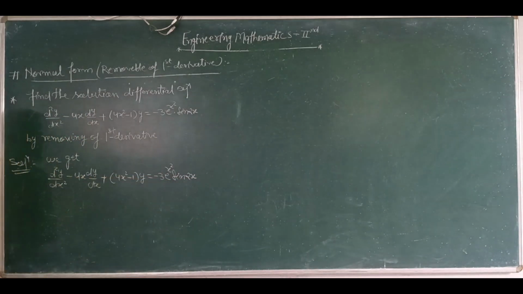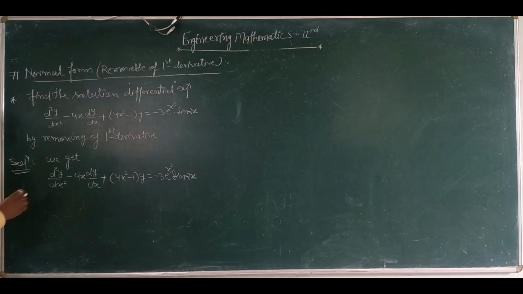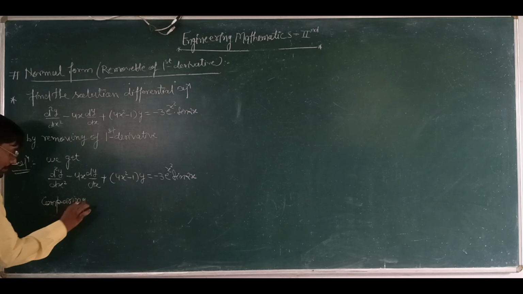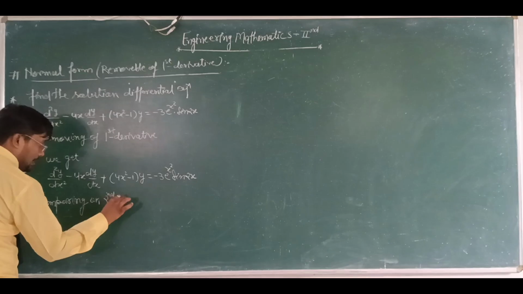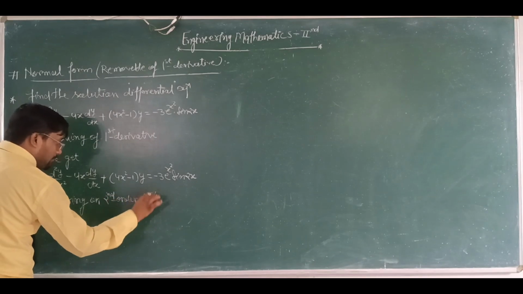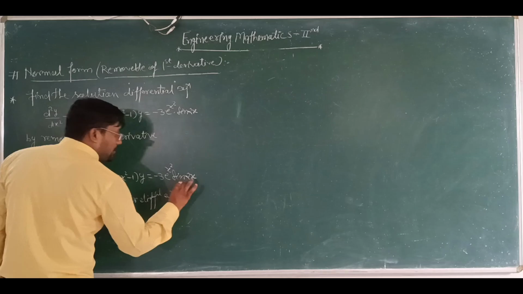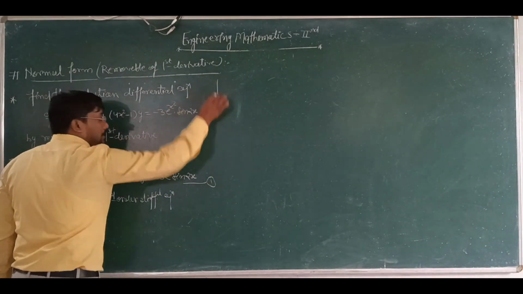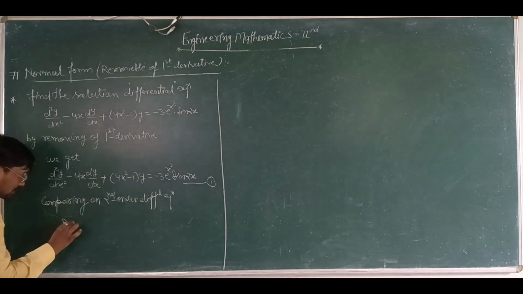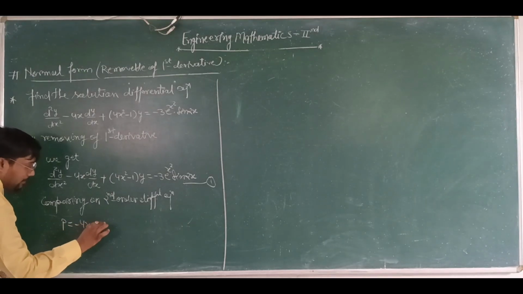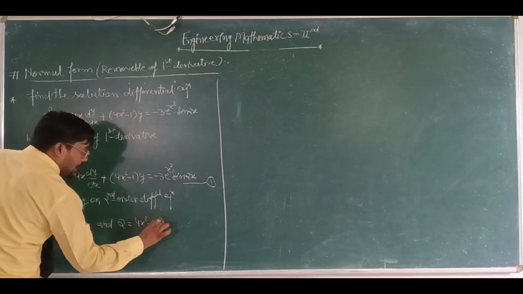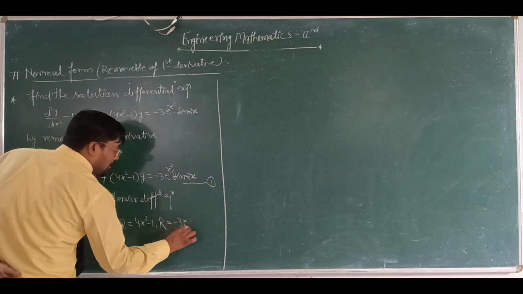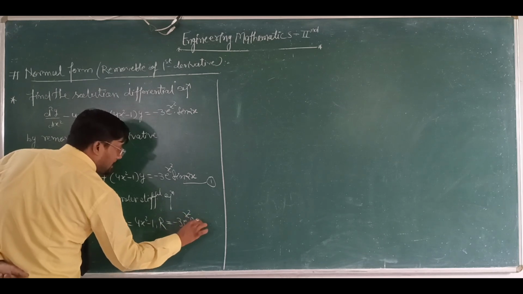Now comparing this equation with the second order differential equation. This is equation number first. Now you can find the value of p is equal to minus 4x and q is equal to 4x square minus 1 and r is equal to minus 3 e to the power x square into sine 2x.